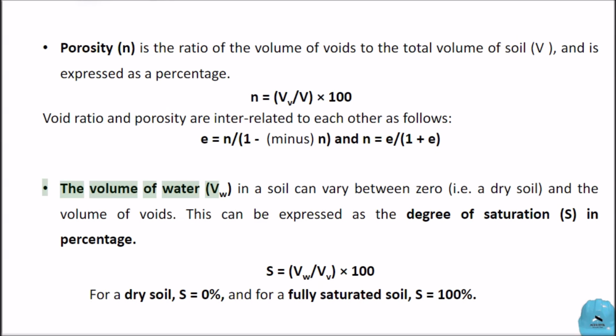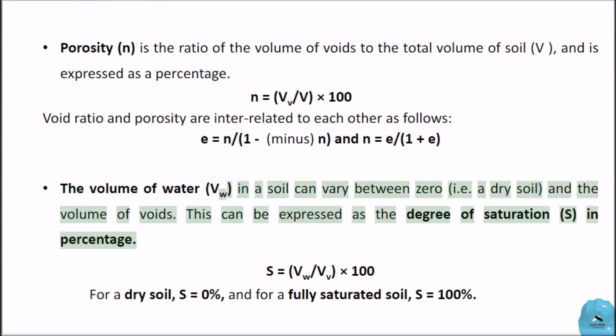The volume of water, V_w, in a soil can vary between 0, i.e. a dry soil, and the volume of voids. This can be expressed as the degree of saturation, S, in percentage.